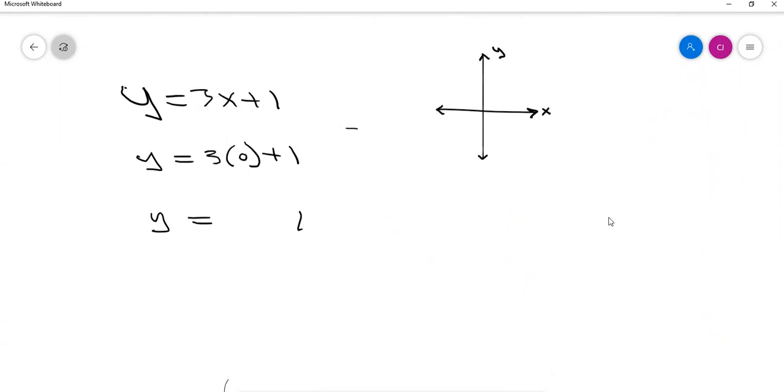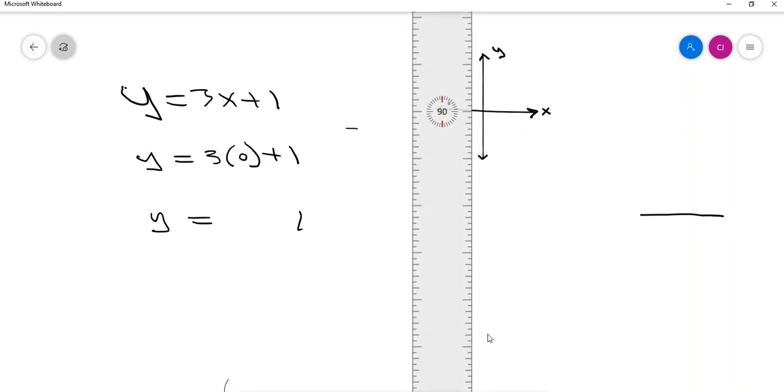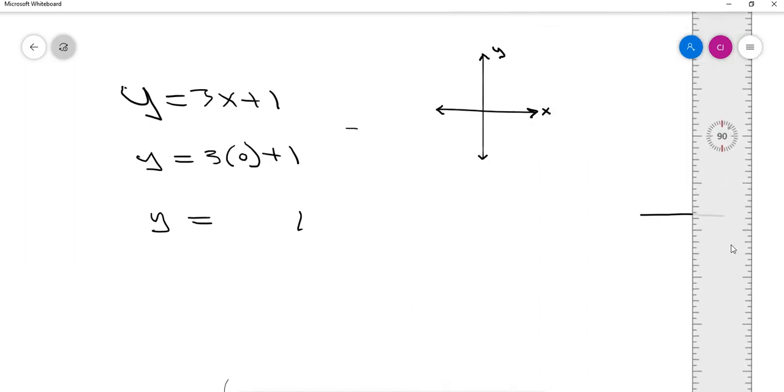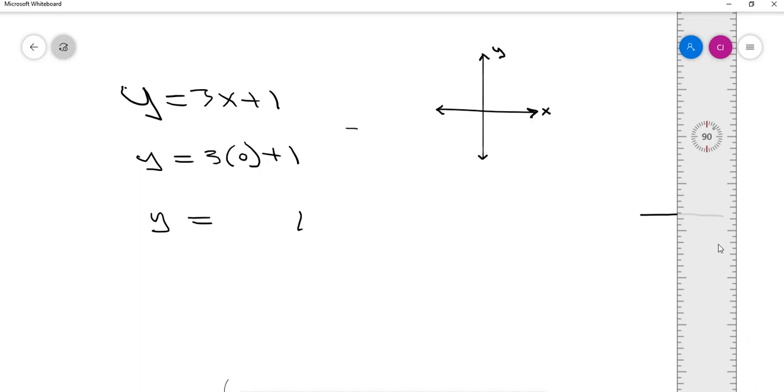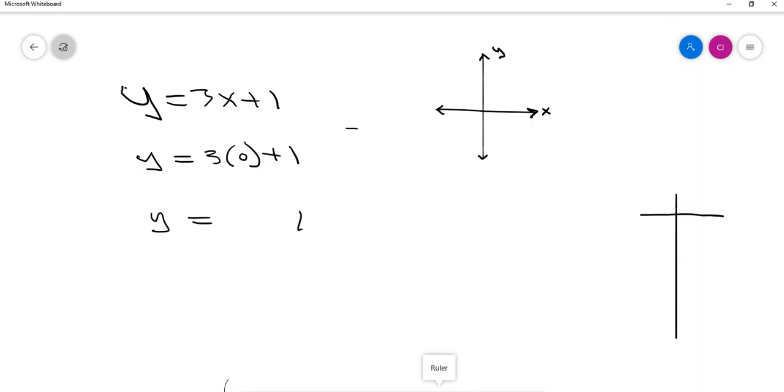Now I'm going to come off to the side over here and put a table, x and y, and I'll tell you why I'm doing this in just a minute.